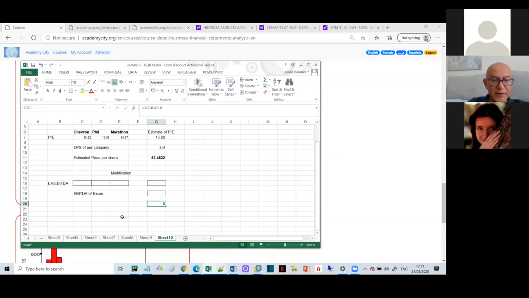The next step, this one is the enterprise value. Before I get to that, I want to explain what is EBITDA. EBITDA is the EBIT, which is operating profit, plus depreciation. One more time, EBITDA is operating profit, which is the EBIT, plus depreciation.